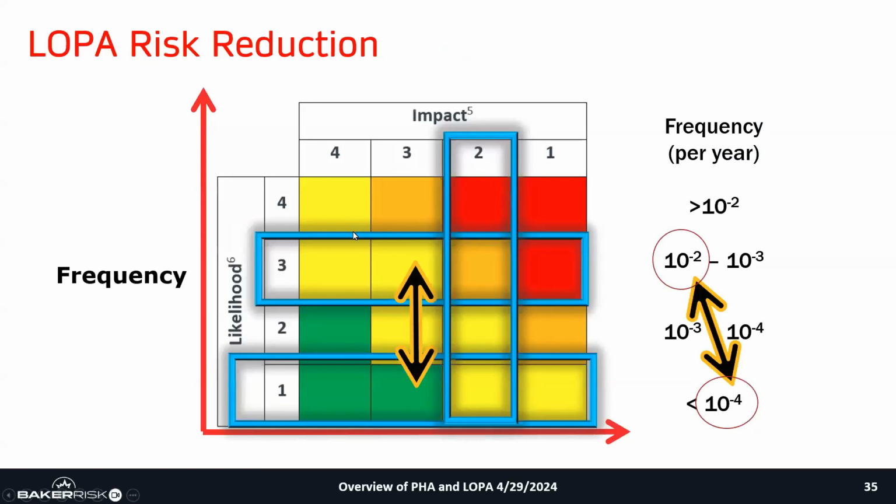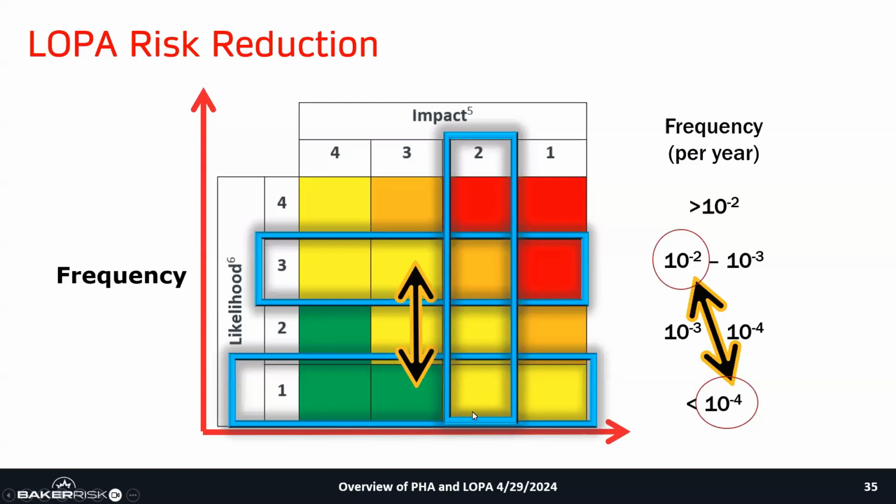So here, we started with an initiating event that was quantified to be 10 to the minus 2 to 10 to the minus 3. As the team progresses, identifying IPLs, identifying their risk reduction credits, and maybe even identifying enabling conditions, in this example you can see they moved down 2 orders of magnitude to a likelihood of 3.